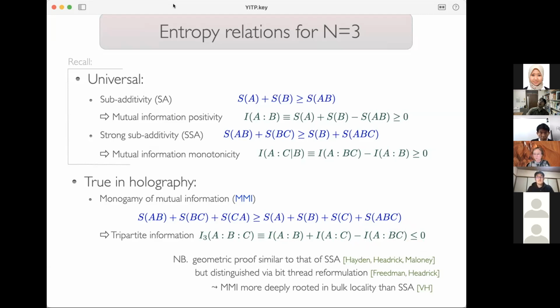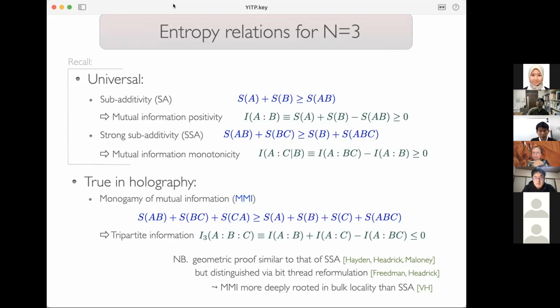Now, as Matt mentioned earlier, the geometric proof of this monogamy of mutual information in the holographic context is almost identical to the geometric proof of strong subadditivity. And nevertheless, this monogamy of mutual information does not hold for all quantum states.